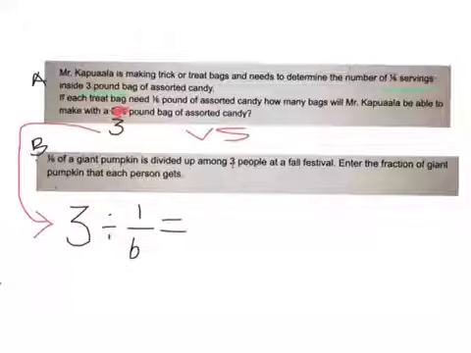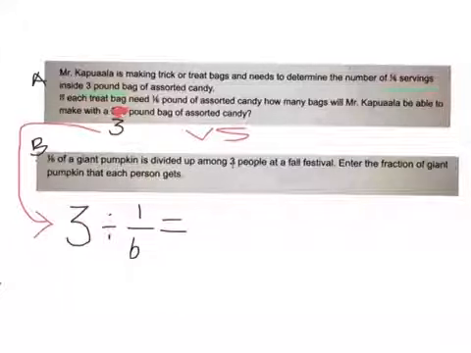So how many 1/6 servings can be made out of 3 pounds? So in order to know how much can be made out of 3 pounds, you have to know how many times 1/6 goes into 3.